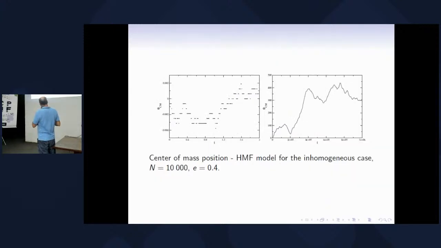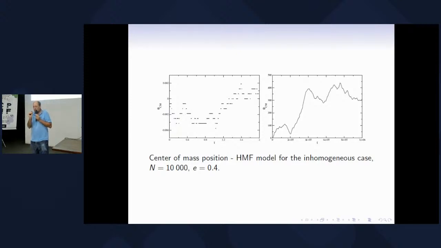Here I show as an example a simulation with 10,000 particles for a given energy per particle. I show just the position of the center of mass. Here is the complete graph. But if we zoom into a very small region like here, we see that the values are discrete because there are jumps.